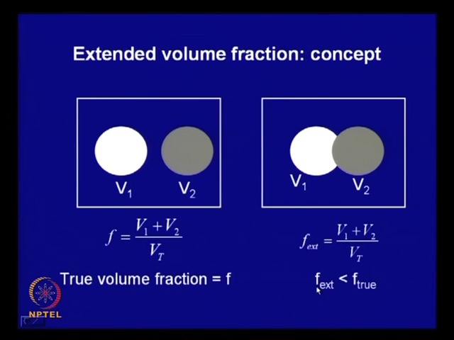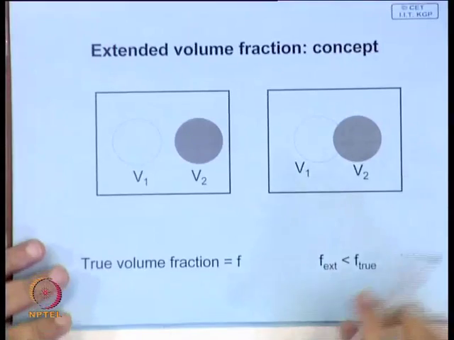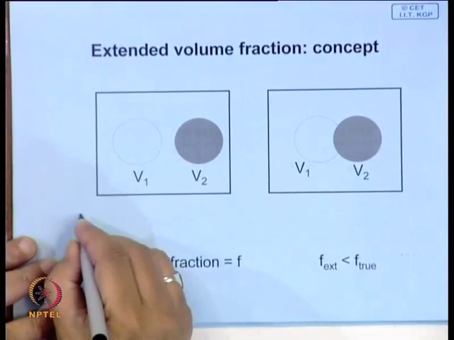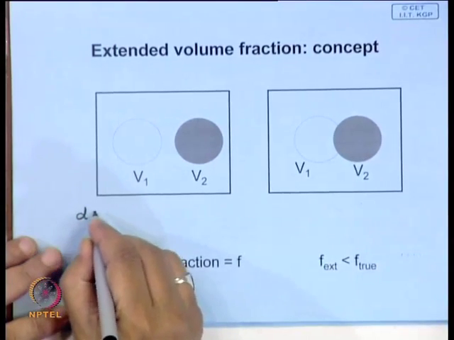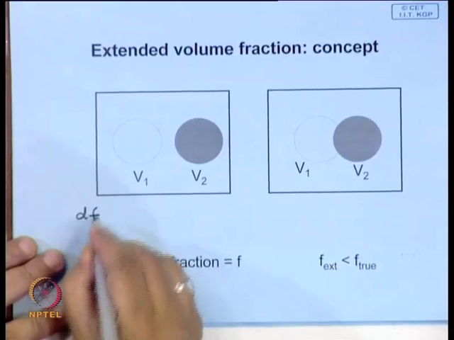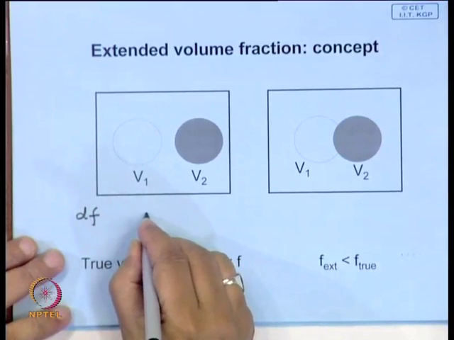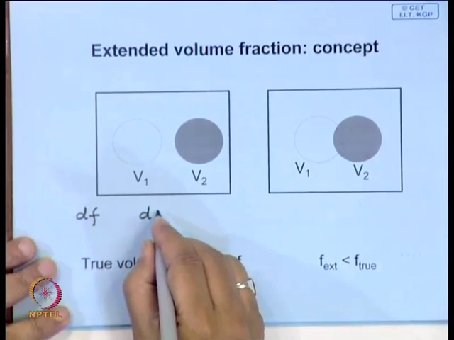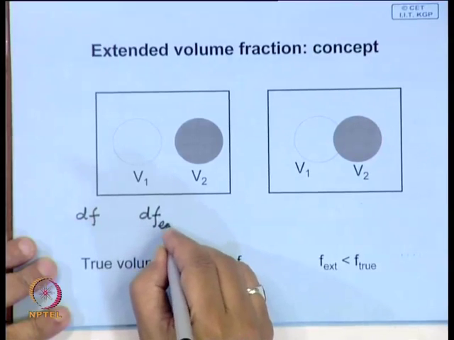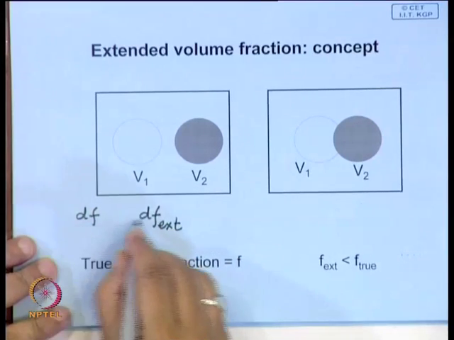And is there a way of finding out? Suppose there is a relationship between a small increment in the true volume fraction and a small increment in this extended volume fraction.